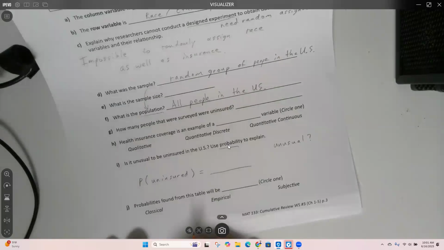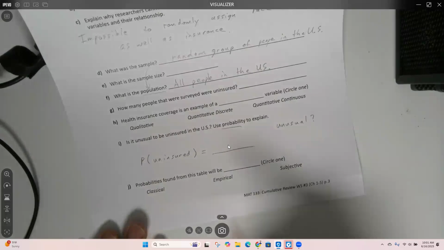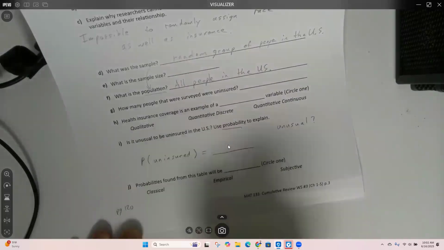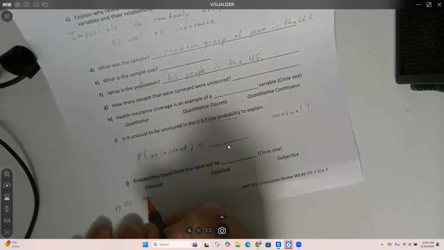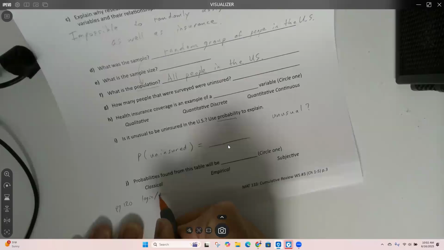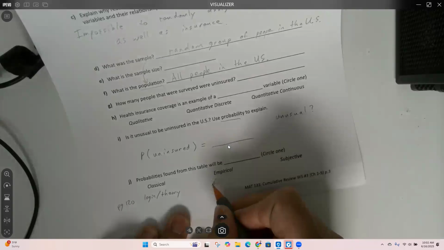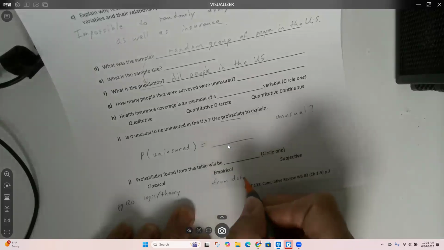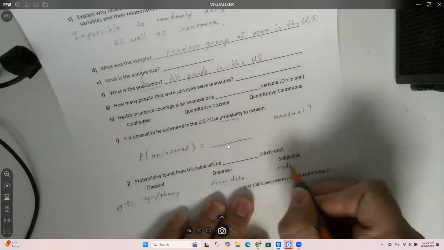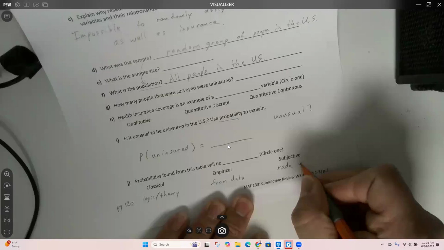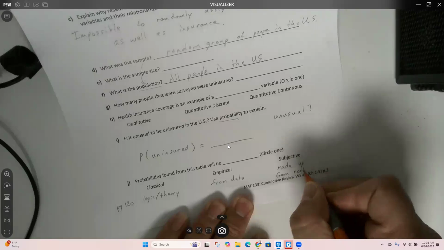All right. Probabilities found in this table will be what? We talked about this on page 120, what these three different means. For classical, it's logic or theory. Empirical is from data, and subjective is just made up, which doesn't mean that it's useless.